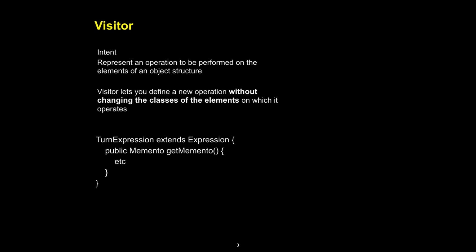The strengths and drawbacks, I think, are fairly clear. To use the command pattern for undo, the operation needs to be reversible, right? And not all operations are reversible.